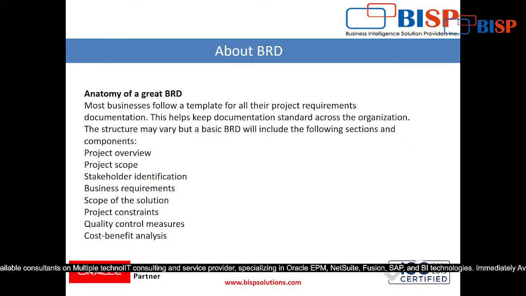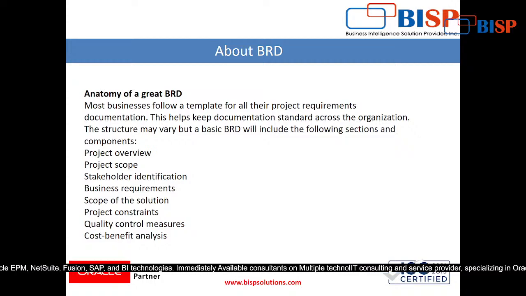Secondly, project scope. Project scope means, whenever we implement something in a project, we have to show the in scope and out of scope. Now, project scope is what we are going to provide. For example, let's take an example of order to cash process.